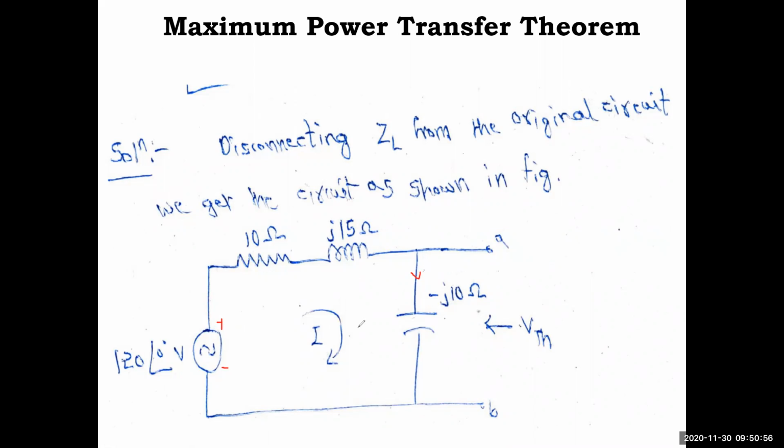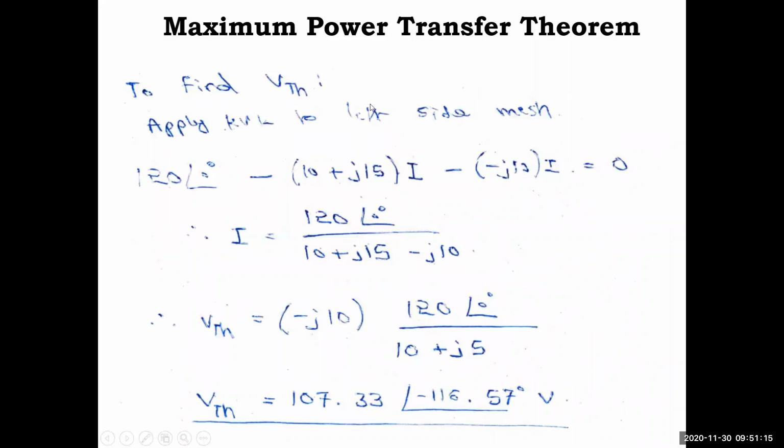All this you can add and write. So I is equal to 120 at an angle 0 volt divided by 10 plus j15 minus j10, so straight away j5 comes, 10 plus j5. Take the ratio in the calculator and then multiply with j10.